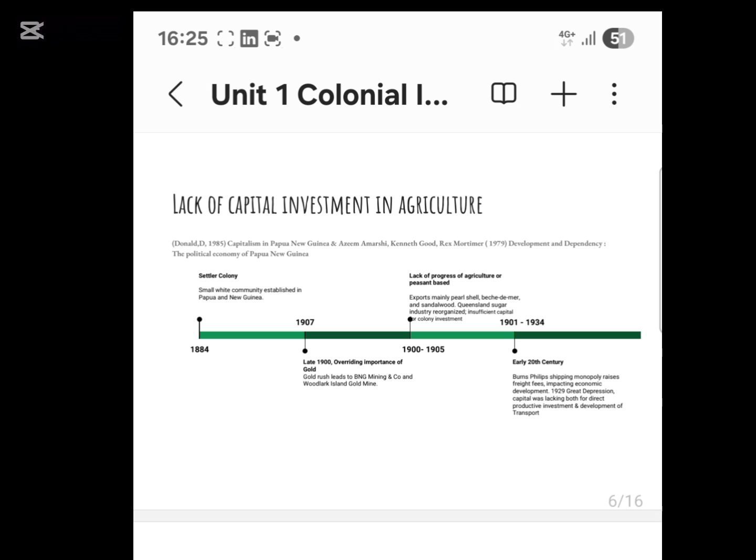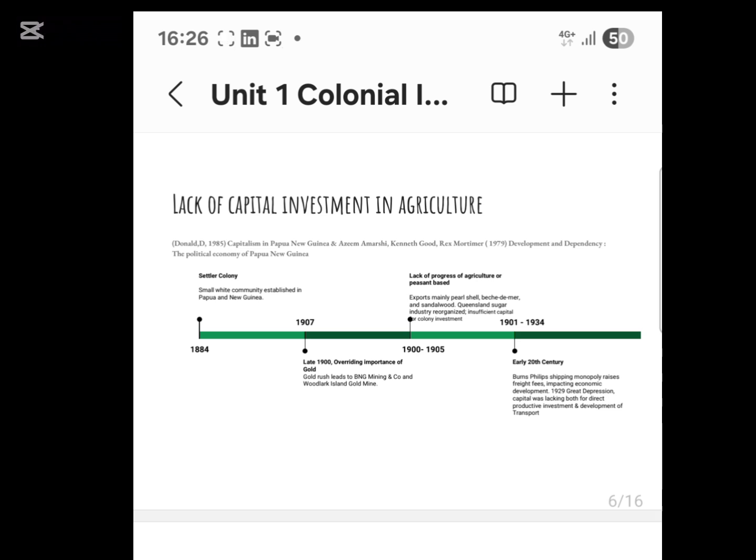It is the same reason why our government is focused on extractive industry and not agriculture. This is a dependency issue here. Why? Because gold and extractive industry give, in a short period of time, a maximum return on investment, not agriculture.